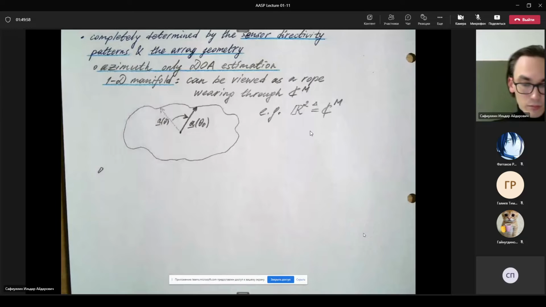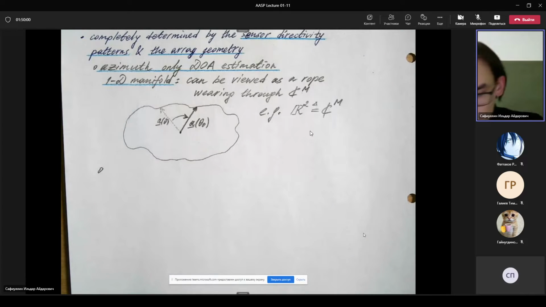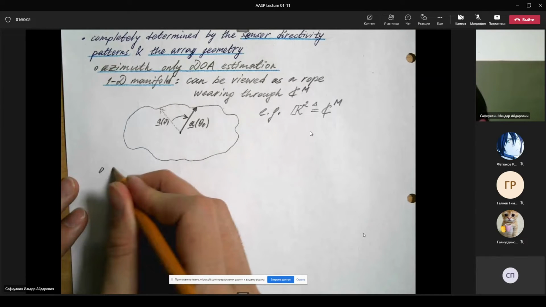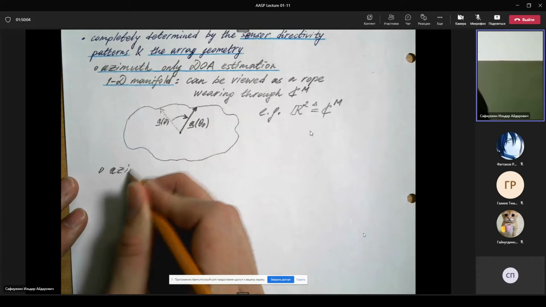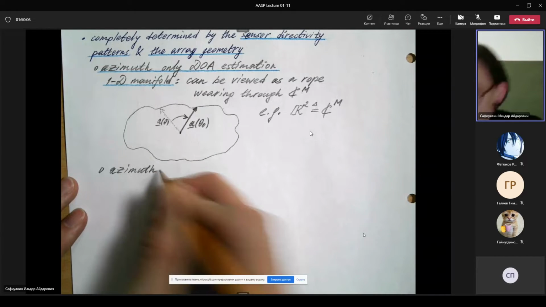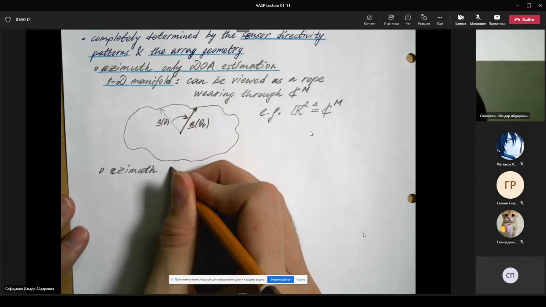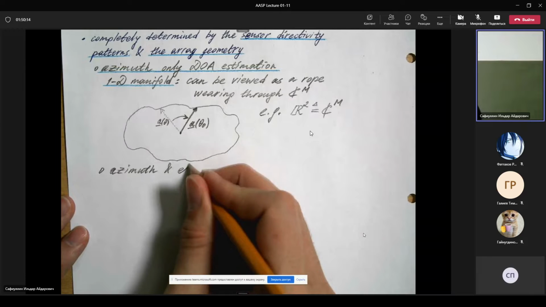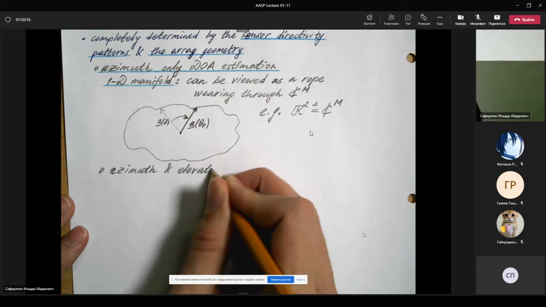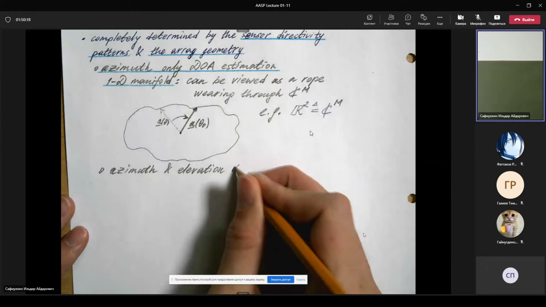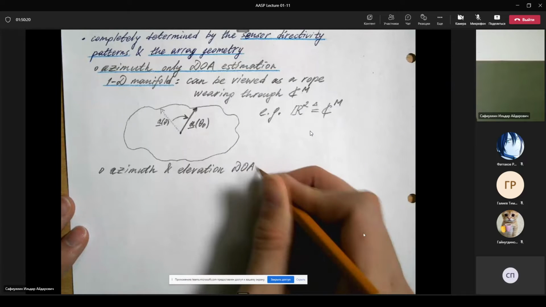And then the second one, we can write down an example for azimuth and elevation direction of arrival estimation.